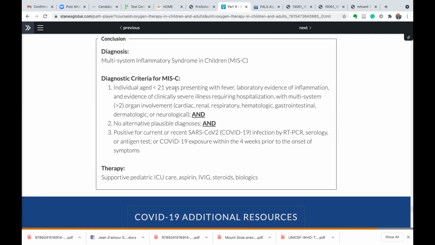To be able to diagnose this, you need to have a pediatric patient aged below 21 years old, presenting with fever, laboratory evidence of inflammation. We have seen the CRP and ESR, which may be increased, evidence of clinically severe illness requiring hospitalization with multi-system involvement, at least more than 2 organs, including either cardiac, renal, respiratory, hematologic, gastrointestinal, rheumatologic, and neurological.